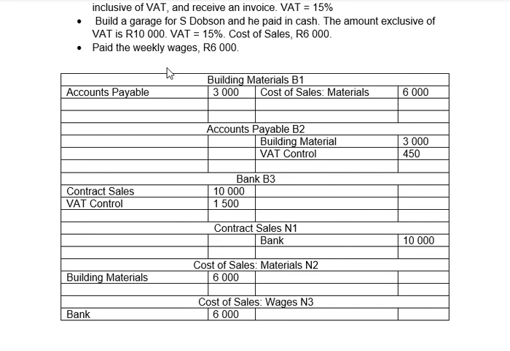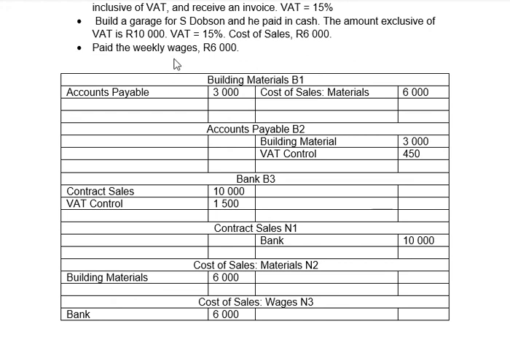Lastly, third transaction, I paid the weekly wages for 6,000. Now we have a problem. We have to think carefully. Is this a VAT item? Is VAT charged on wages? No, it's an exempt item. We cannot charge VAT on this. So we're only going to record it as per normal.